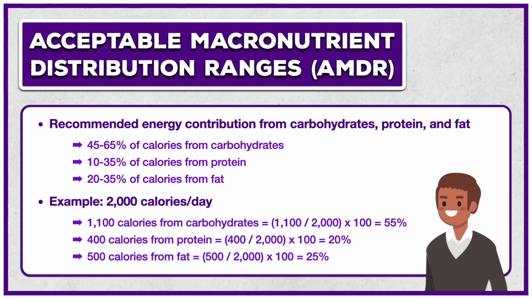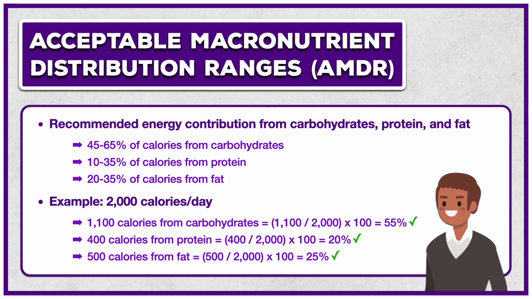For example, we can imagine that Mr. Jones eats approximately 2,000 calories daily. After analyzing his diet, we find he gets 1,100 calories from carbohydrates, 400 calories from protein, and 500 calories from fat. To get the percentage of total calories, you take the contribution from each macronutrient, divided by 2,000, and then multiply the result by 100.